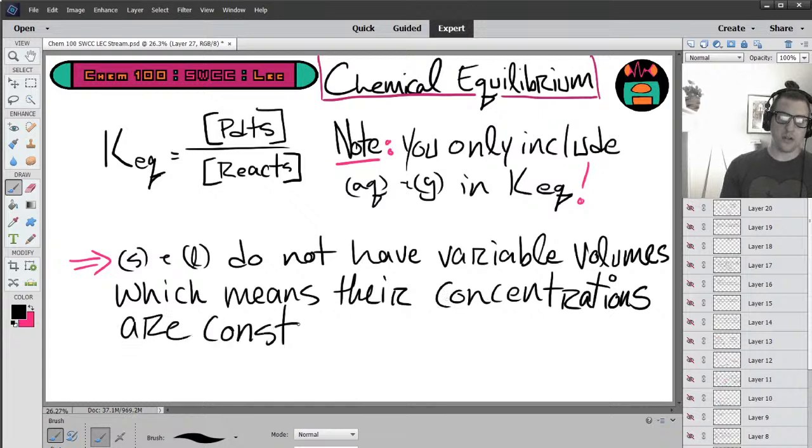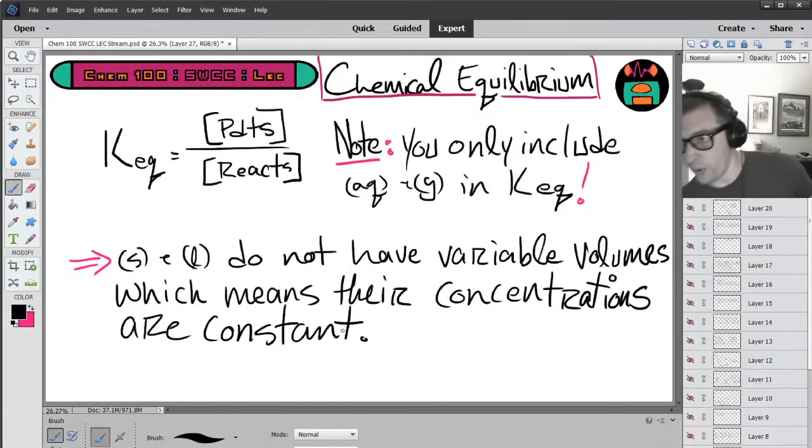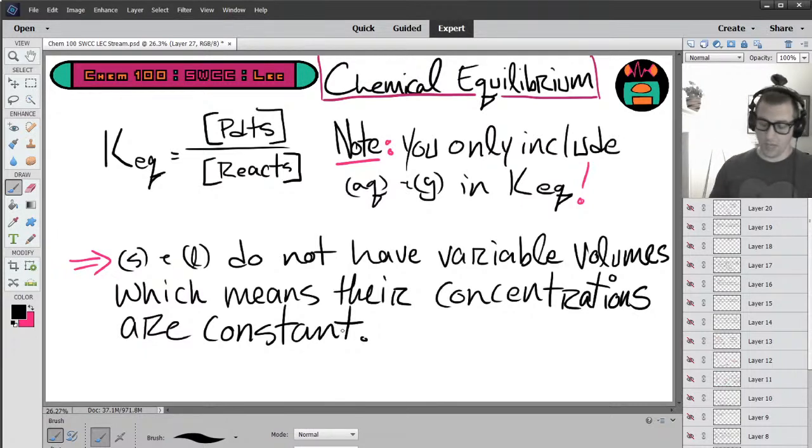So you do not include solids or liquids in the mathematical expression for equilibrium constants. That is because their volumes don't change appreciably, which means their concentrations are constant. So they don't affect the value of the equilibrium constant.